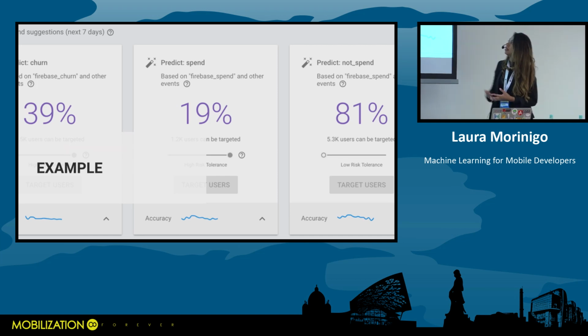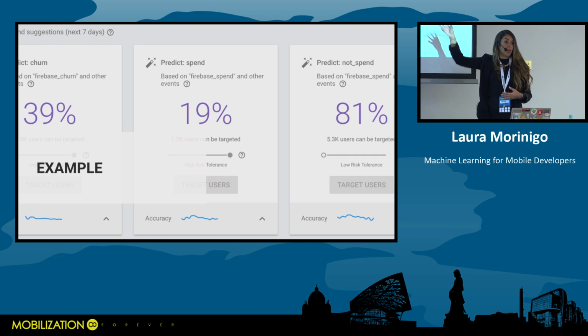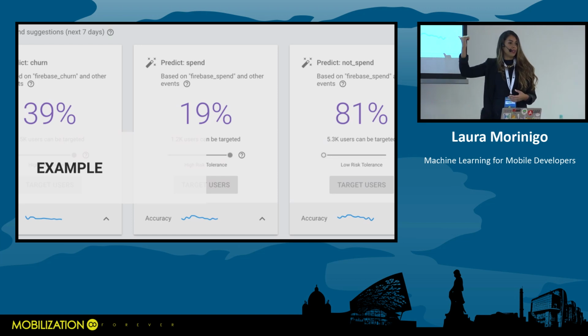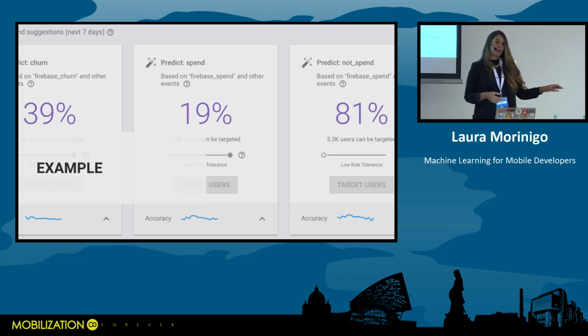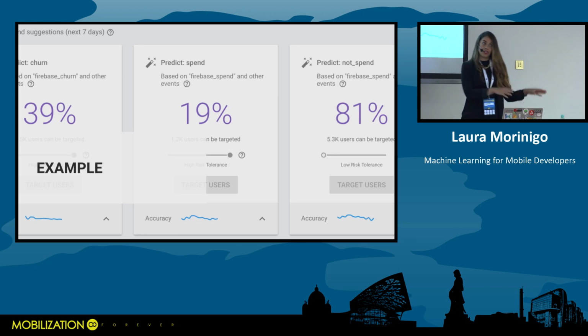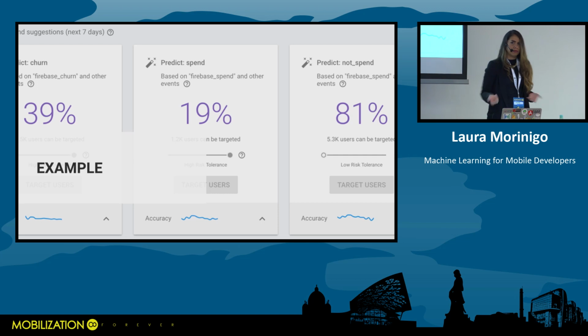Basically, you can have the users that spend money, the users that do not spend money, and do something with those categories. For example, let's say your product is a game. So if you know already which kind of users or which kind of functionalities are the ones that are spending money, after that you can do actions like, okay, these people are the ones that are spending money, I should take care of them, I can give them, I don't know, a bonus in my game, something like that.